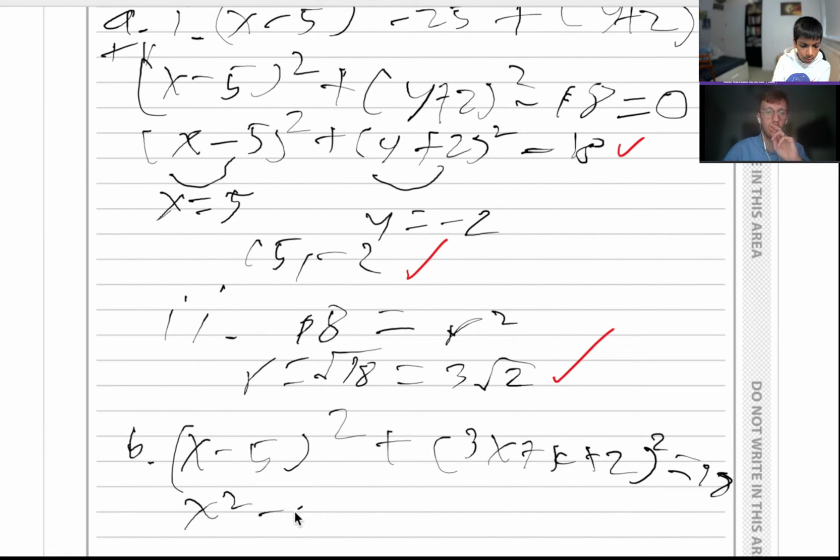x squared minus 10x plus 25, good, plus 9x squared.